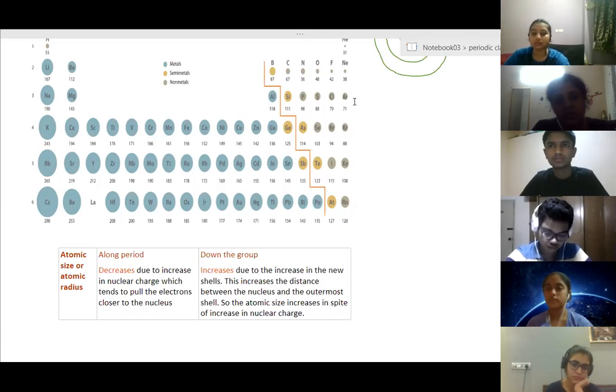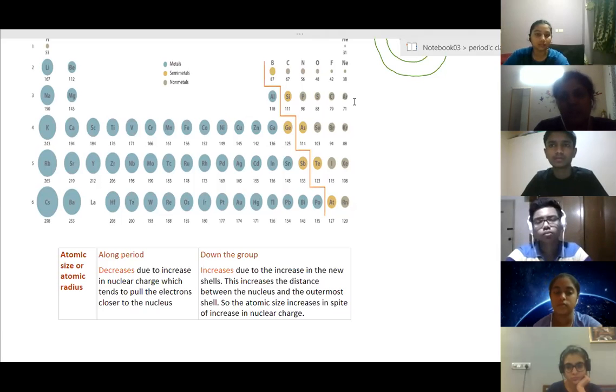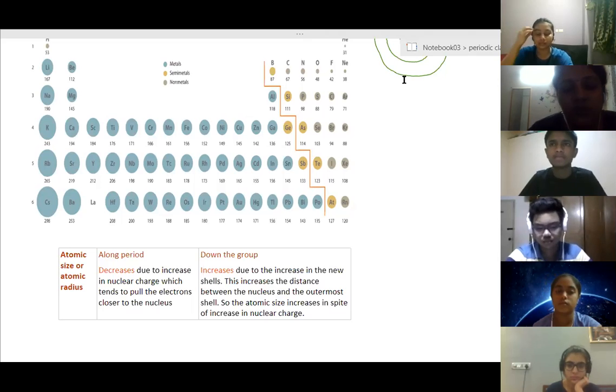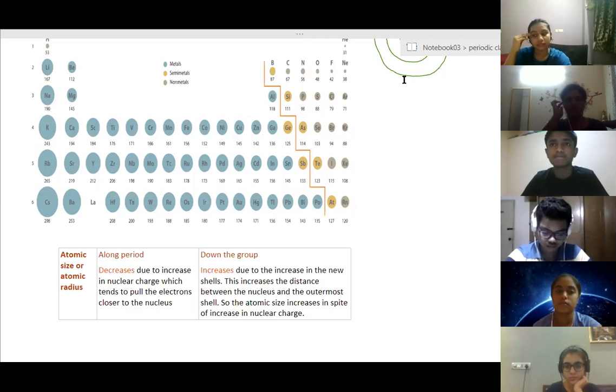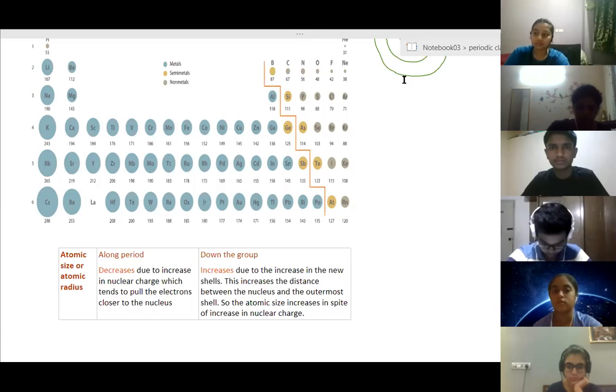So that means along the period, the nuclear force of attraction increases, which decreases the tendency to lose electrons. Is that clear? As we move along the period, the number of protons keeps on increasing, which increases the nuclear force of attraction, that is nuclear charge, and which ultimately holds the electrons more strongly. So losing an electron will be much more difficult.